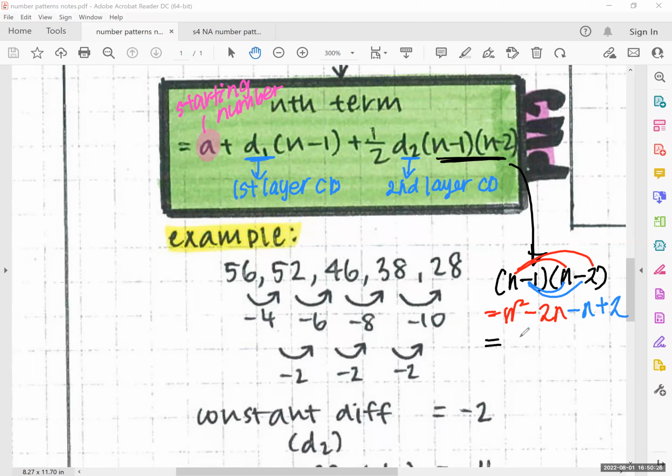Simplify it, means you get n squared minus 3n plus 2. So let's say you feel that this is harder to memorize. You don't need to memorize this. You can memorize this thing as n squared minus 3n plus 2. Just that when you memorize, you need to be very careful of the plus and the minus sign.